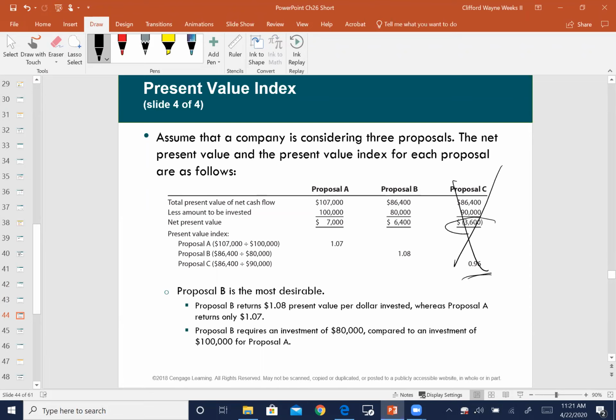It's a negative number. And between these two, which one are you going to go with? You're going to go with this one, because you invested less, and you got a better return. So this is the best one. Proposal B is the most desirable.